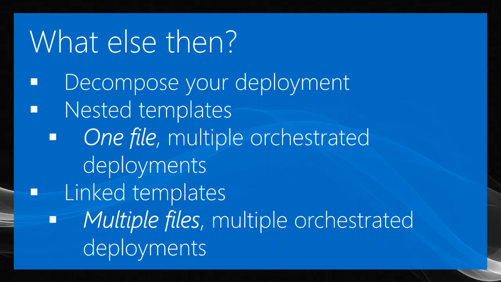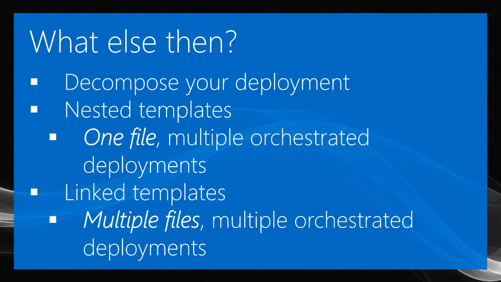And then that means that you can have deployments to different scopes. So for instance, if you have this one file which contains two nested templates for two deployments, one deployment can go to the subscription level, the second one could go to the resource group level, for instance. All right, we'll talk about that a little bit later.